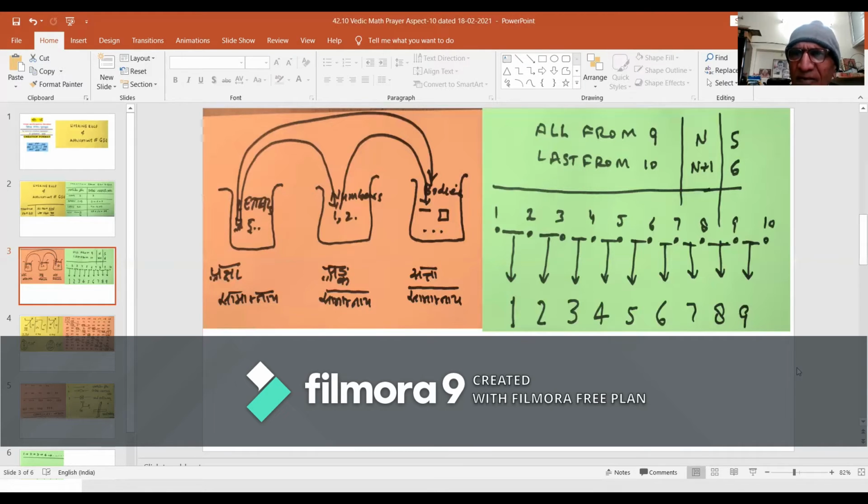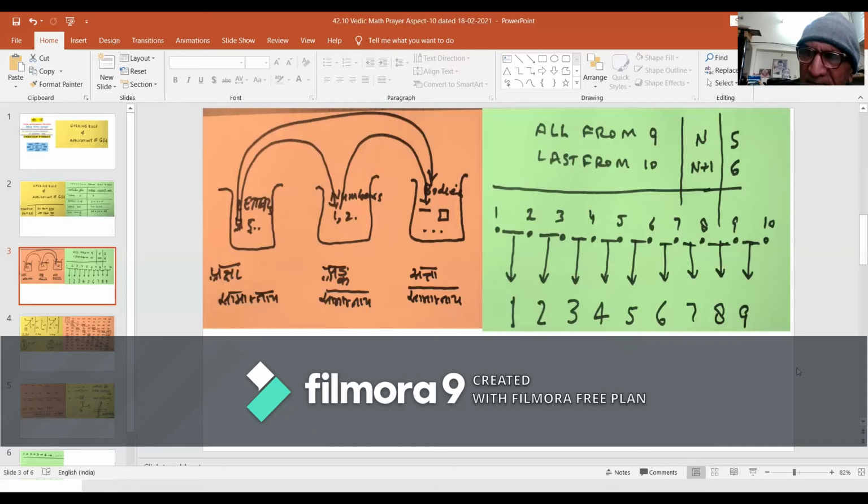Everything is covered by 9 and still the last is to be covered by 10. It is beyond that. On first visit, this appears to be something which is not reconcilable by a linear logic. But see, if we are having 10 points, then we have only 9 gaps.